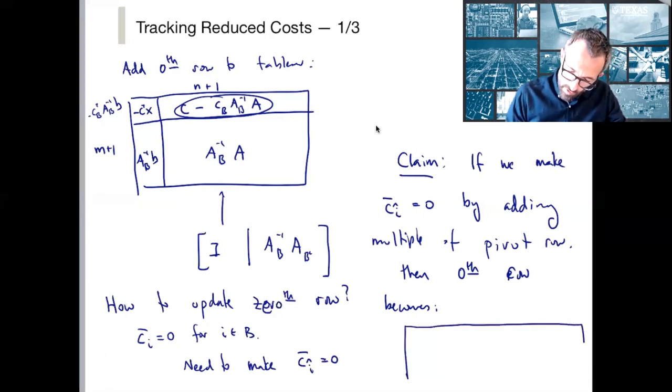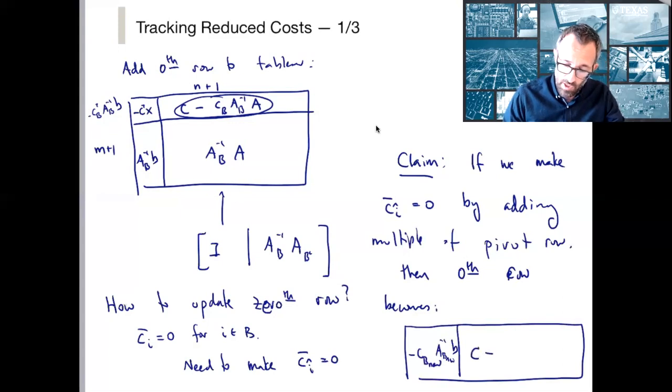our 0th row here has the cost CB new times AB new inverse times B, and the updated reduced cost C minus CB new times AB new inverse times A. So basically I'm saying that this operation is going to give us what we need.